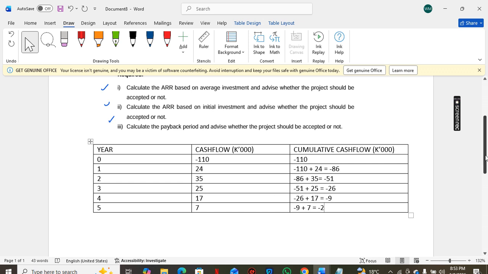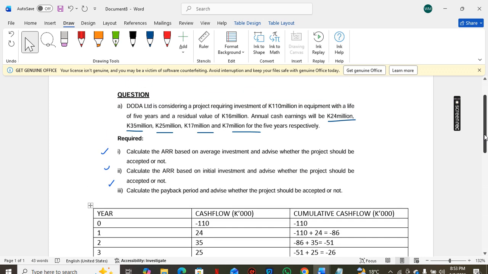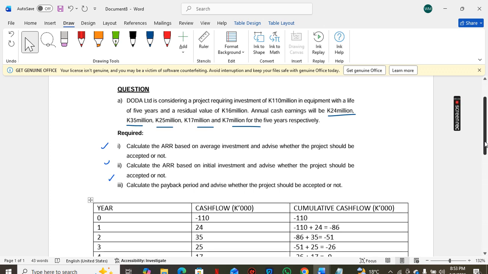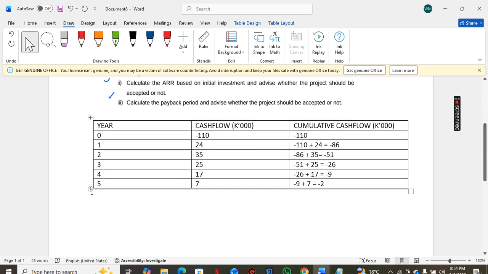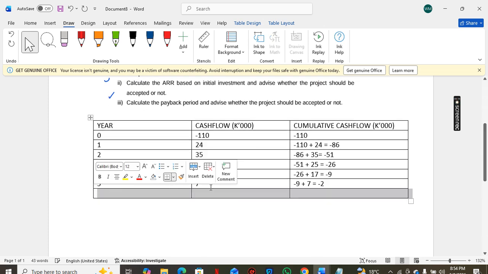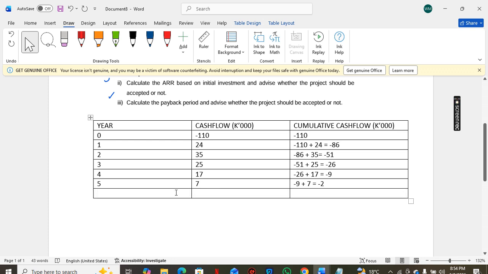Then we've also got this residual value, this 16 million. It means the equipment can be sold for 16 million at the end of 5 years. So here I should have added it with 16, but we can still put it here.